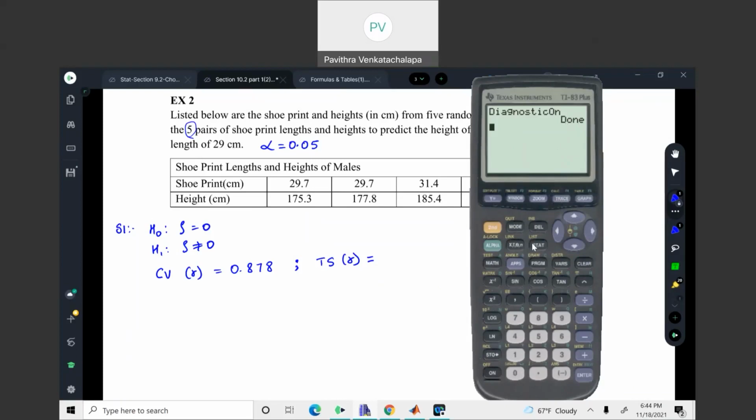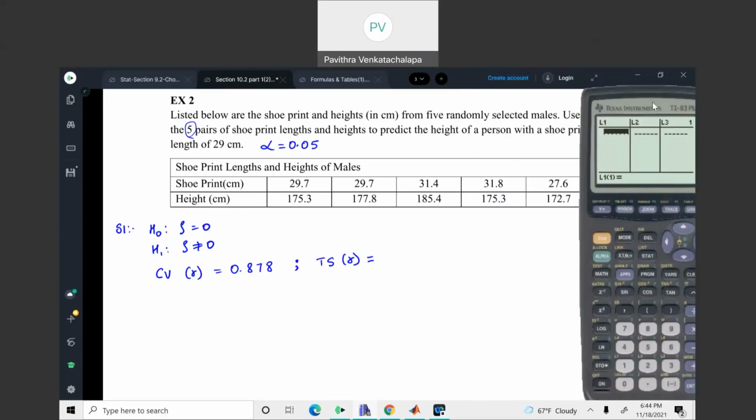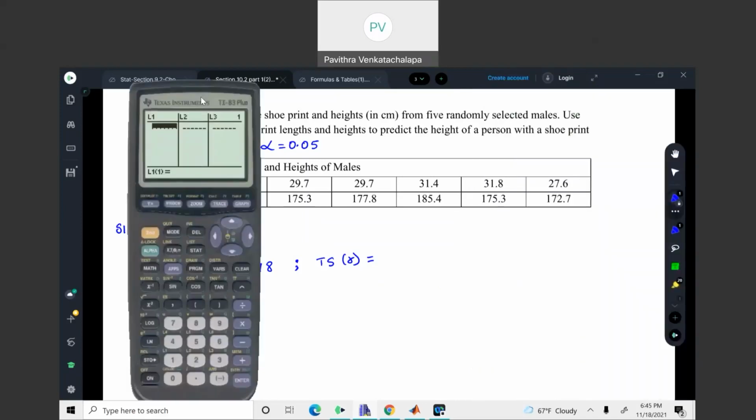The next step is to go to stat, edit, because we need to enter the table values here. In L1 you are going to enter the values for Shoeprint: 29.7, 29.7, 31.4, 31.8, 27.6.